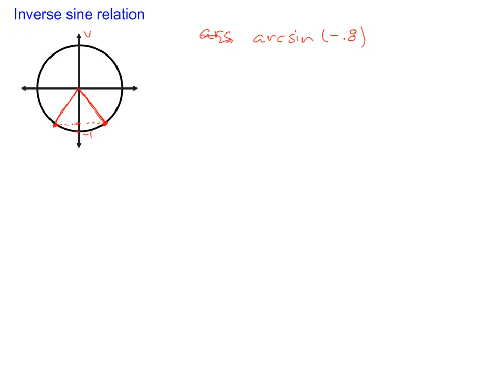Now these angles are not positive and negative like they were for cosine. So sine is just going to be a little bit more awkward than cosine was. Let's try and figure out one angle that has a sine of negative 0.8. I'm going to use my calculator.